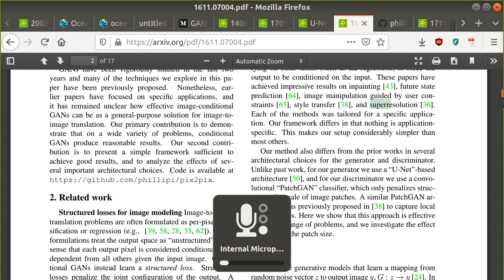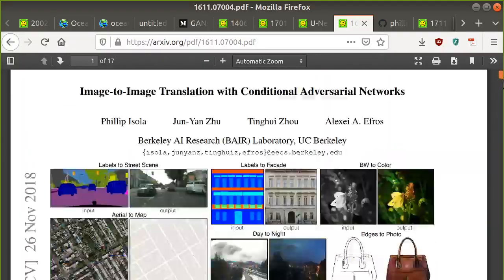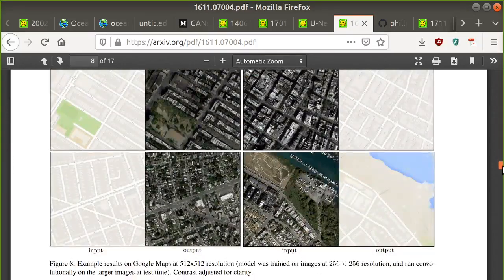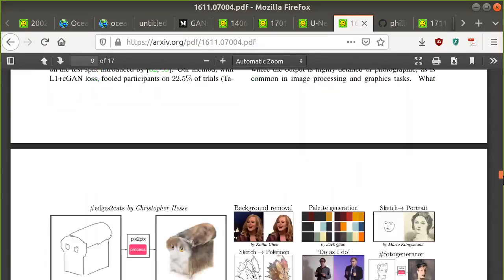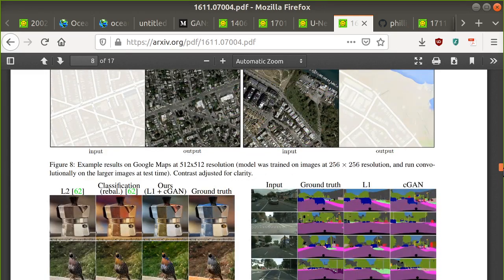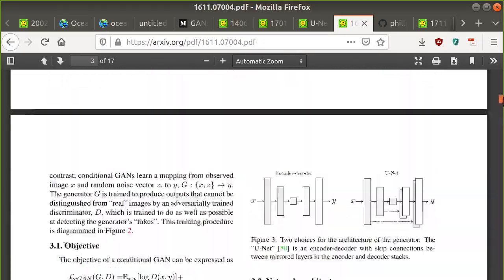But because you mentioned dogs and cats, I feel this session would not be complete if I did not show the case where they trained their pix2pix method to translate sketches of cats into actual cats, right? So you give it a hand-drawn sketch of a cat.